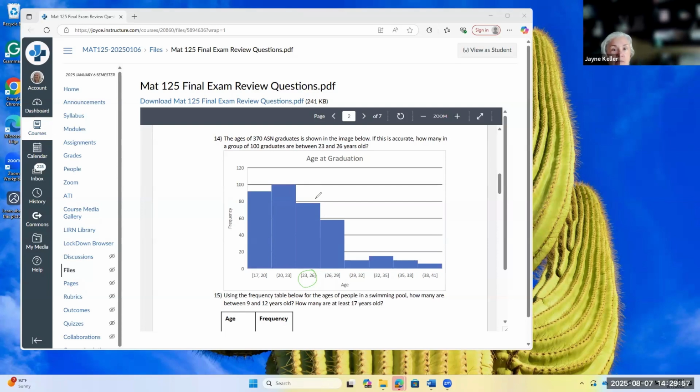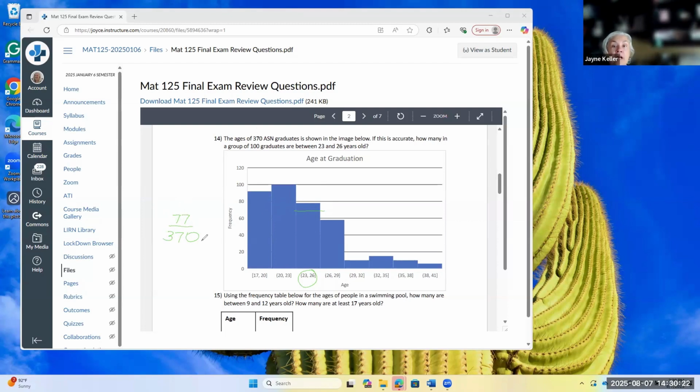So I'm going to guess that it's about 77 out of the 370. I have to estimate since I don't have an exact number. So 70 would be halfway between, about right here. So that looks like about 77 or 78.